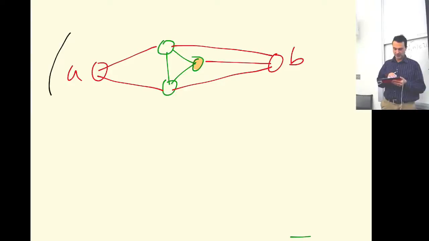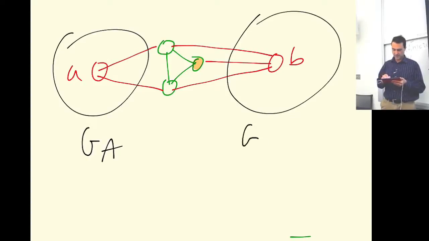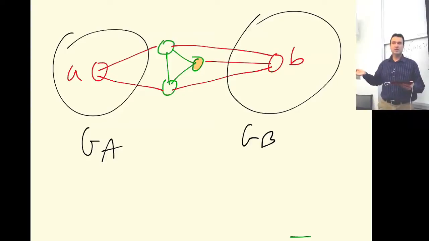Well, first of all, what is GA? So here's GA, and here's GB. And that orange node is not connected to any node in GA. It's connected to every node in GB. There's only one node in GB. But it's not connected to any node in GA. And so therefore, this stuff here can't be a minimal separator. That's what the theorem is stating.